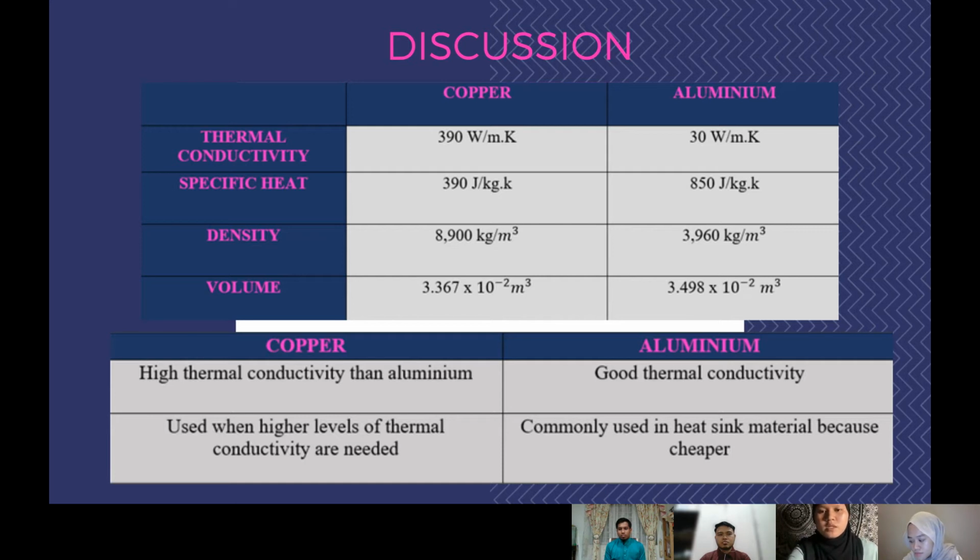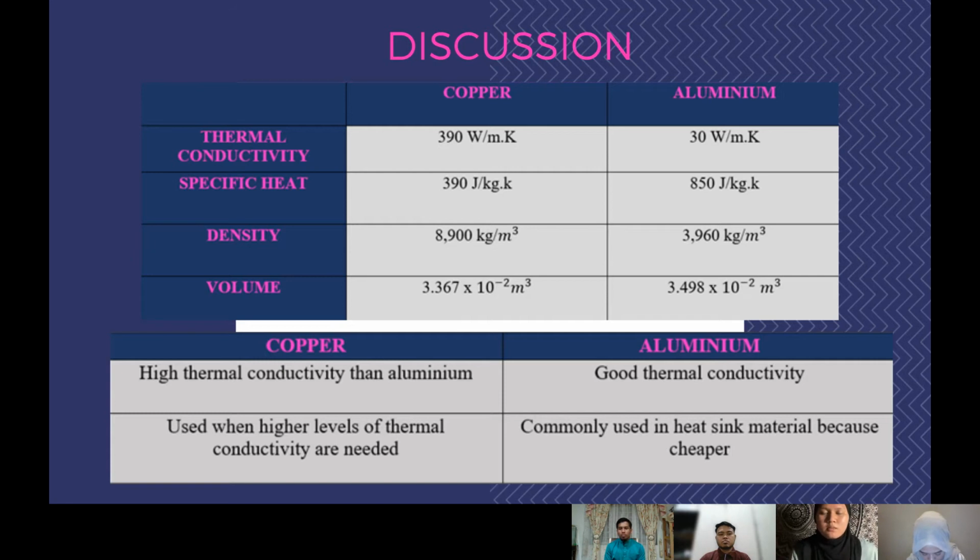And lastly, for volume, we got 3.498 power of -2 meter cube. And for design 2, copper, we got thermal conductivity 390 watt per meter Kelvin, specific heat 390 joule per kilogram Kelvin, density 8,900 kilogram per meter cube, and lastly, volume 3.3667 power of -2 meter cube.